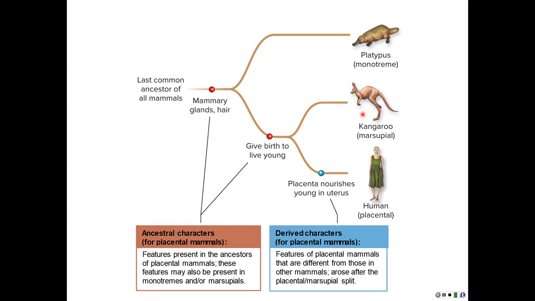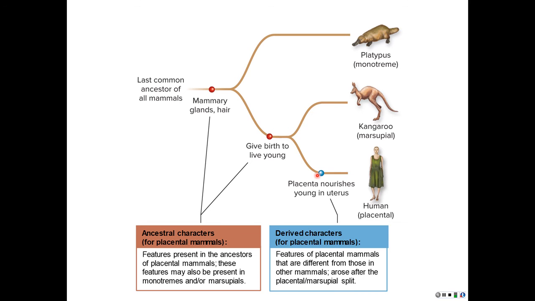So for example, we had a common ancestor that had mammary glands and hair, but a derived trait, for example, in humans would be the development of a placenta. The common ancestor of everybody on this tree did not have a placenta. This is something that was derived or evolved later on.